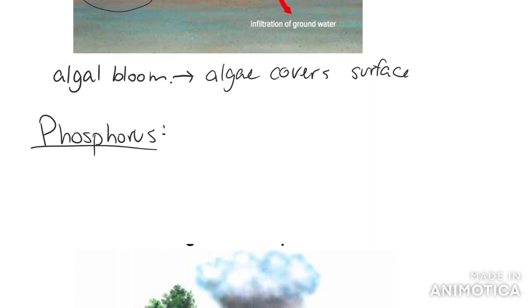The plants then absorb this, and the animals obtain it by eating them. And decomposers, which are bacteria and other organisms which break down decaying organic material, they return the phosphorus to the soil and water as they break down the organism.